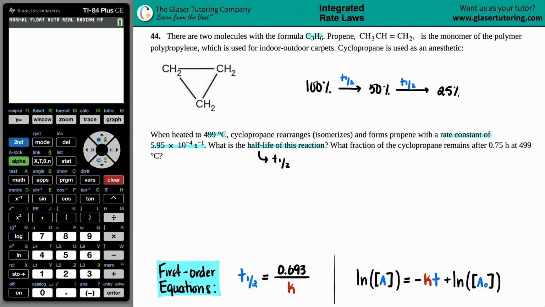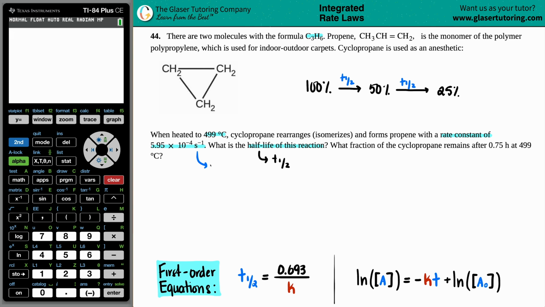But looking through this question again, it doesn't say that cyclopropane undergoes 1st-order, 2nd-order, or 0-order kinetics. So how am I going to know which equations we're going to use? The answer lies in the rate constant. Remember that the rate constant is a tricky one because it will have different units depending on what your total order is.